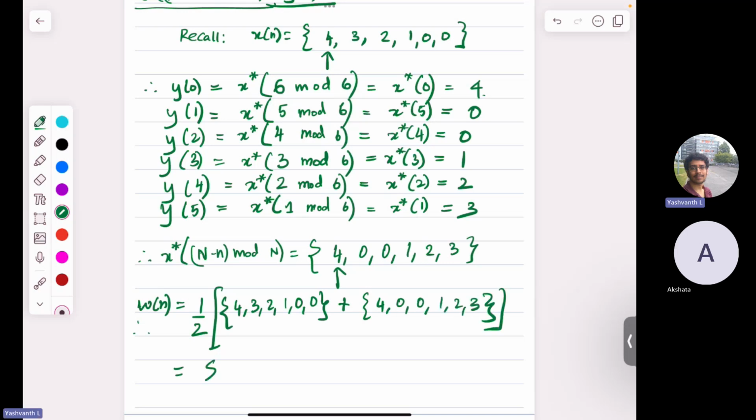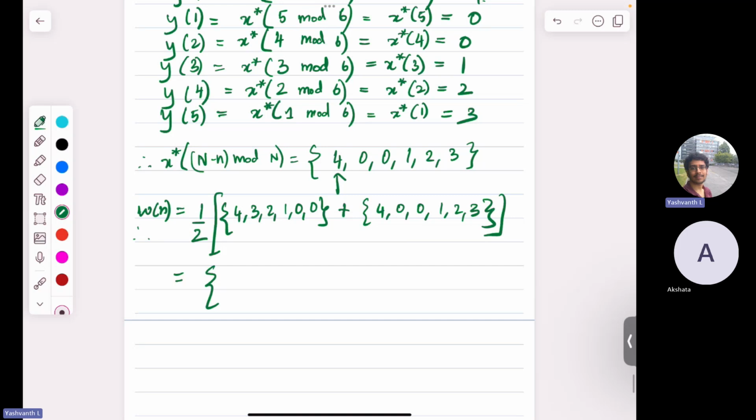What is this? 4 plus 4 by 2 is nothing but 4. 3 plus 0 by 2 is nothing but 3 by 2. Then 2 plus 0 by 2 is nothing but 1. Then you have 1 plus 1 by 2, which is again 1. 0 plus 2 by 2 is again 1. And 0 plus 3 by 2 is nothing but 3 by 2, with 4 at n equal to 0. Is it clear?